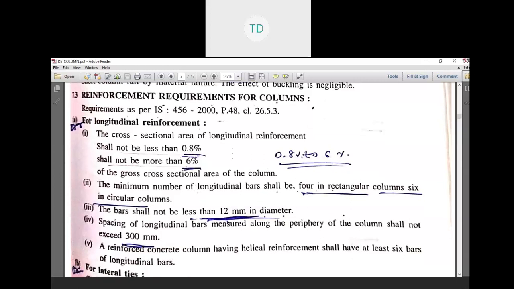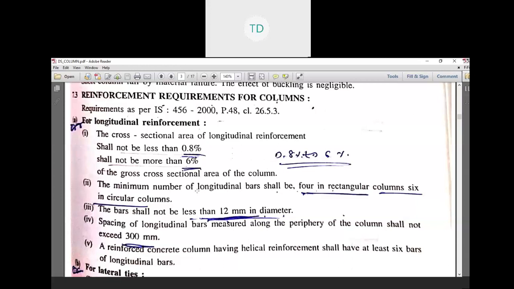For longitudinal reinforcement, the cross-section area of longitudinal reinforcement shall not be less than 0.8 percent, so shall not be more than 6 percent of the column cross-section area.